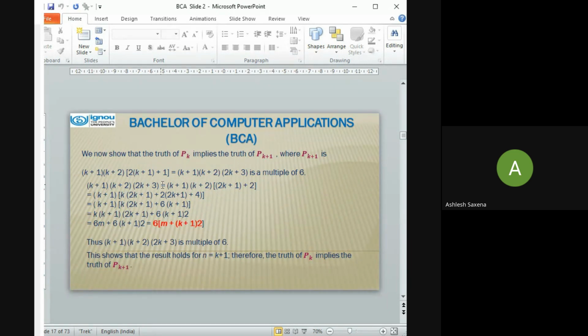Okay. Now, what will you do? You have to club k and k plus 1. So take k plus 1 common. You will be left with k into 2k plus 1 plus 6k plus 1.